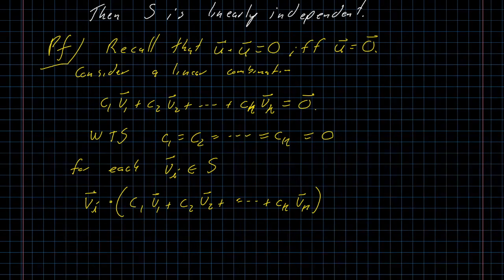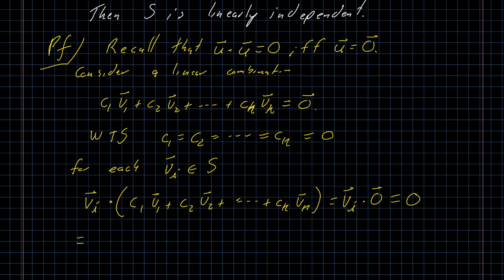Well, by a simple substitution, this is equal to vi dot with the zero vector. And anything dot with the zero vector is zero. But I could also use the distributive property. We know that the vector dot product distributes over addition.